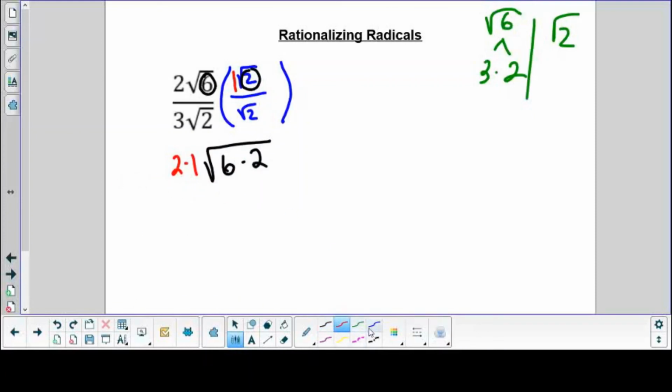Next, this is all going to be divided by, we're going to multiply the denominators together. Again, we could see this as a 1 in front of the square root of 2, so we would have 3 times 1, and then we'll multiply the 2's together, so 2 times 2. So this is square root of 2 times 2.